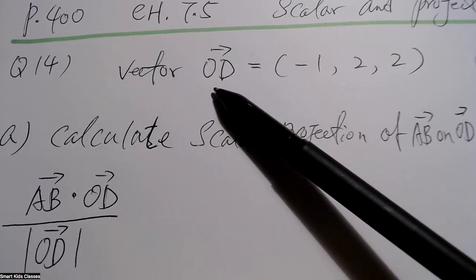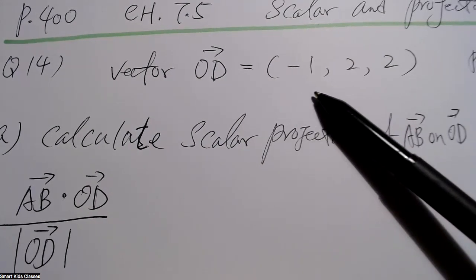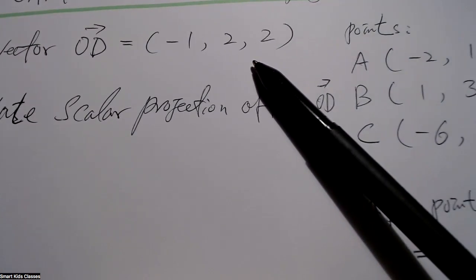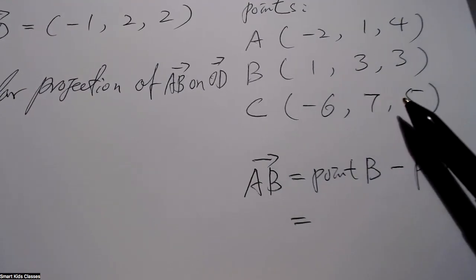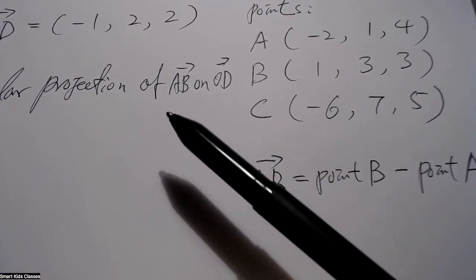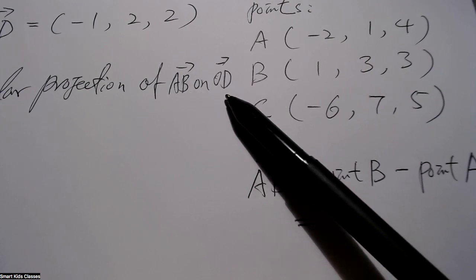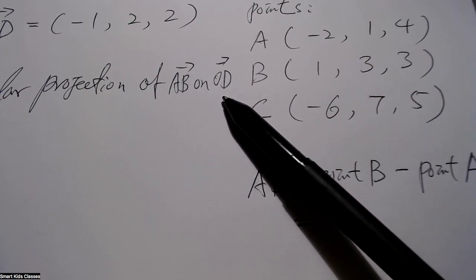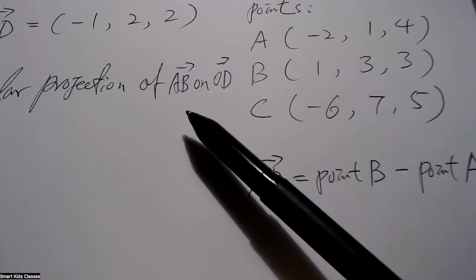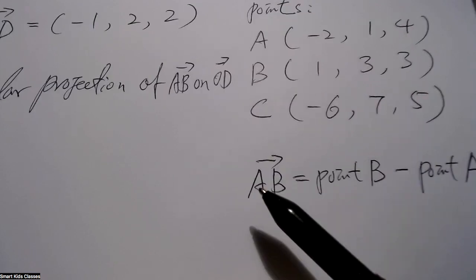So vector OD is equal to this, and given 3 points, I wrote them down here. It asks for the projection of vector AB on vector OD. OD is provided. AB, we need to calculate.